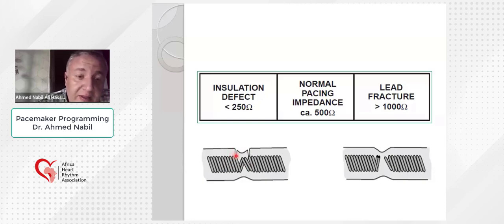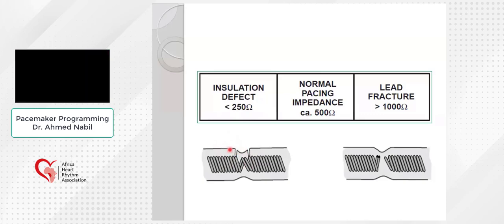This means that leakage of electricity can occur through this insulation defect, which will cause a decrease in the impedance. So a very low impedance can mean that I have a break in the insulation surrounding the lead.